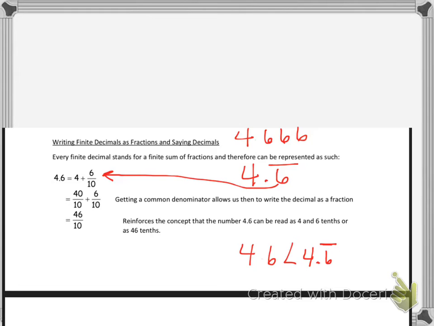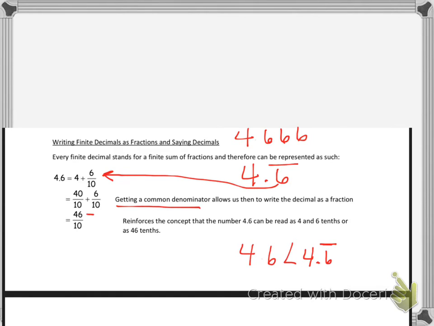At the high school and college level, other issues come up. So once again, you're reinforcing the fact that a finite decimal can be expressed as a fraction. And then your second step here, we're getting a common denominator, which is going to allow us to write our fraction as an improper fraction.